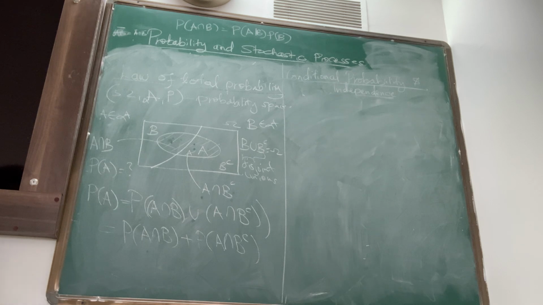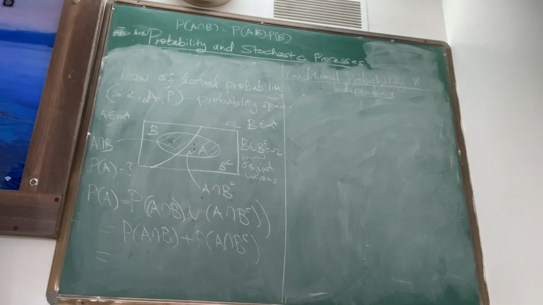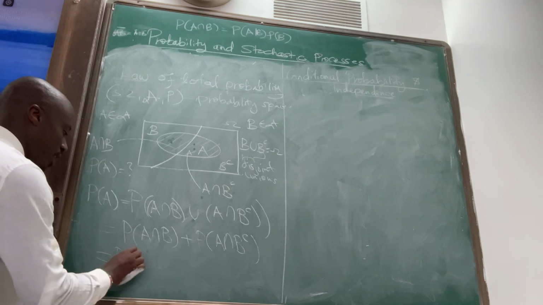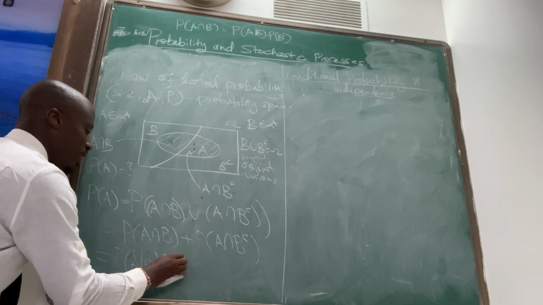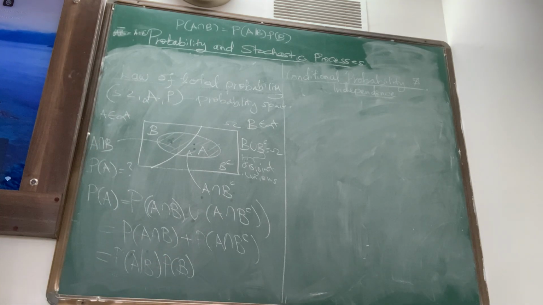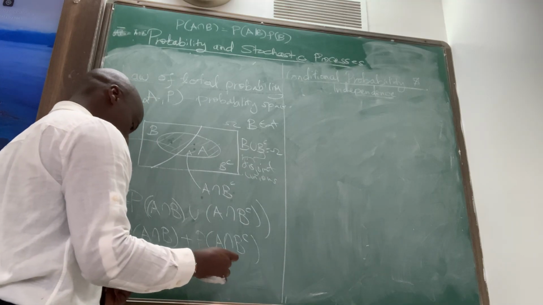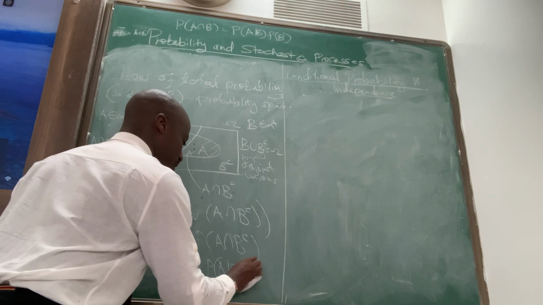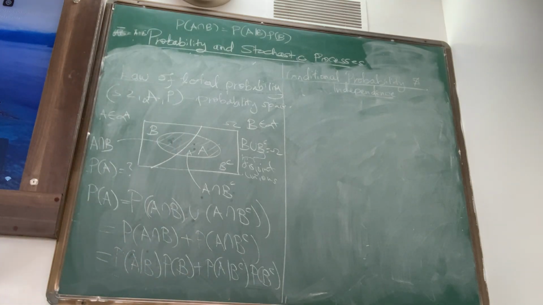This first one, from Bayes' theorem, will just become probability of A given B times probability of B, plus probability of A given B complement times probability of B complement. That comes from Bayes' theorem.